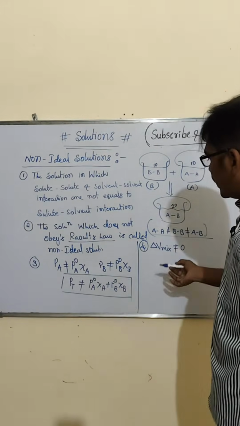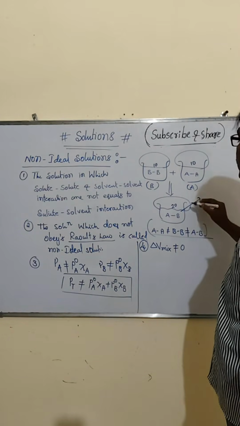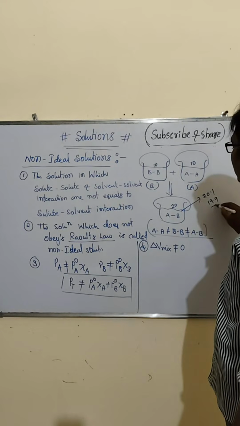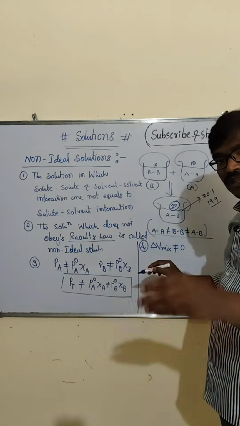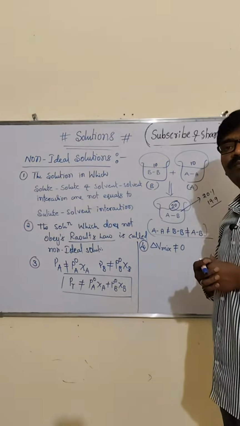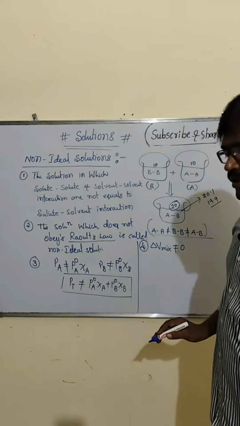But for a non-ideal solution, it may be 20.1 or 19.9. That means the volume will be either less or more than the exact volume. So such type of solutions are called non-ideal solutions.